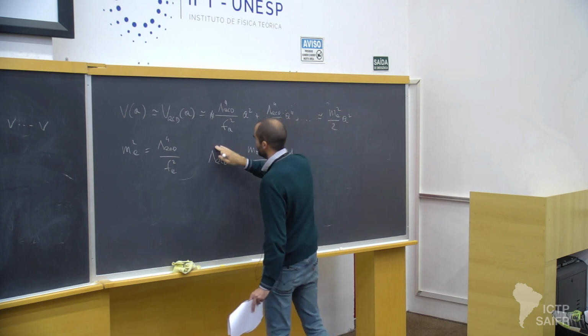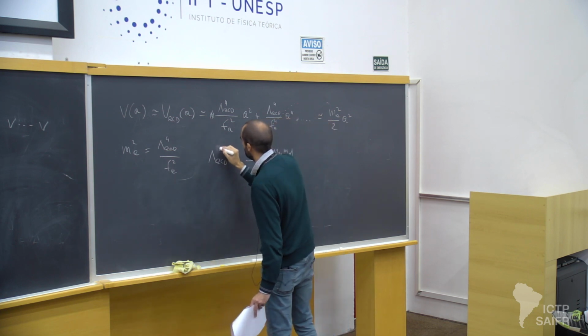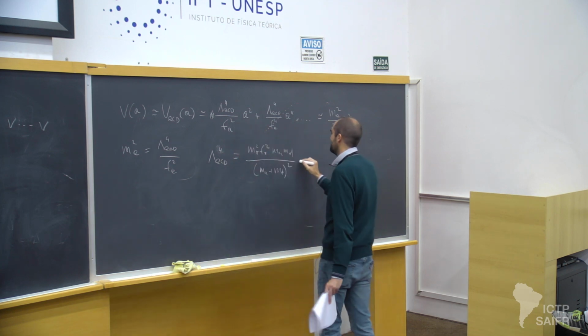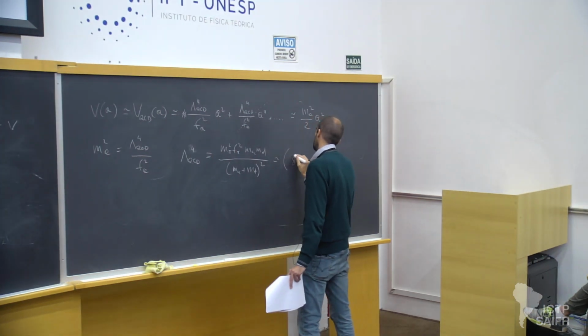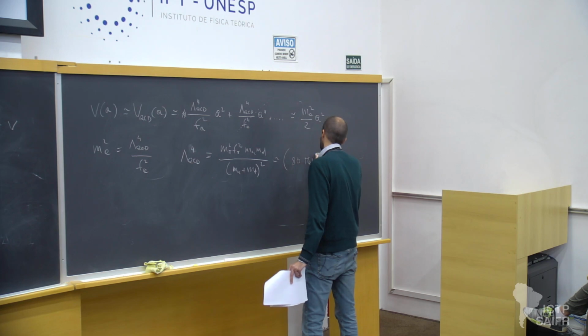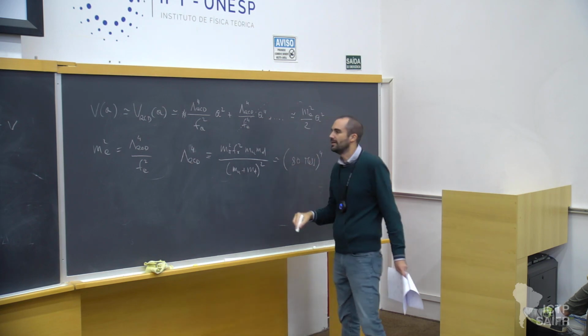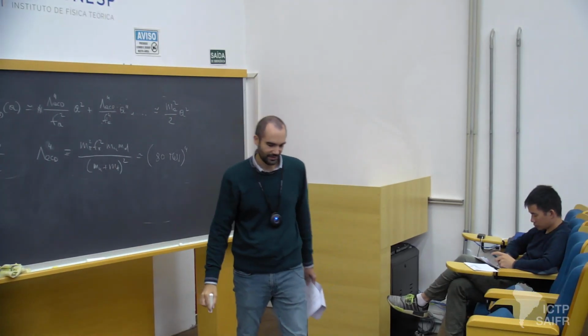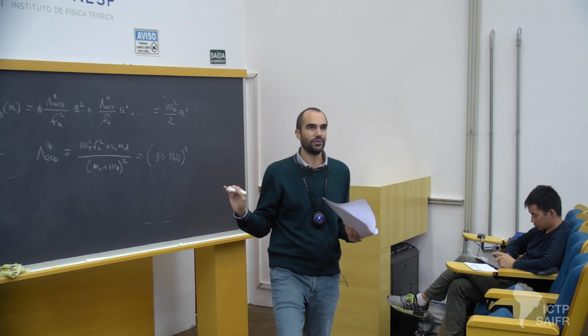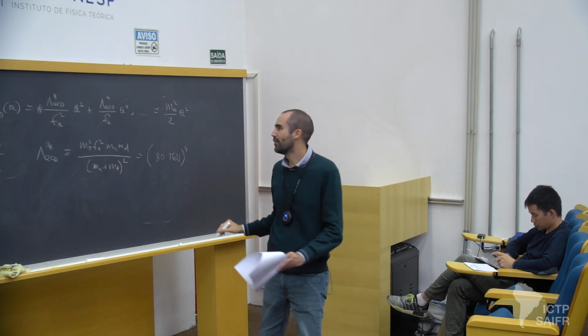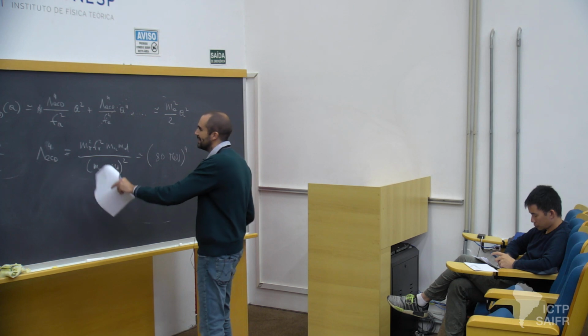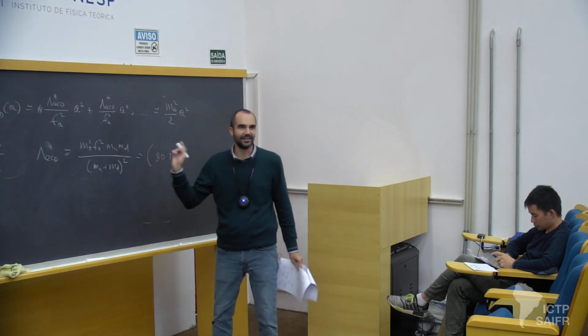Sorry, no, this is lambda QCD to the 4th, never mind. And this is roughly 80 MeV to the 4th. This is not the traditional lambda QCD. I'm going to call this quantity lambda QCD because it's very convenient for the axion.